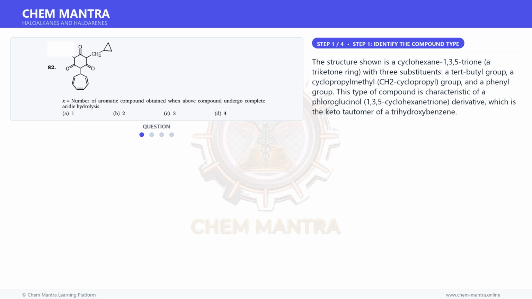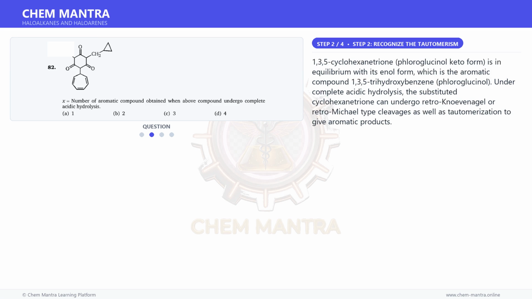This type of compound is characteristic of a phloroglucinol derivative, the 1,3,5-cyclohexanetrione, which is the keto tautomer of a trihydroxybenzene. Moving on to the next step. The phloroglucinol keto form is in equilibrium with its enol form, which is the aromatic compound 1,3,5-trihydroxybenzene.